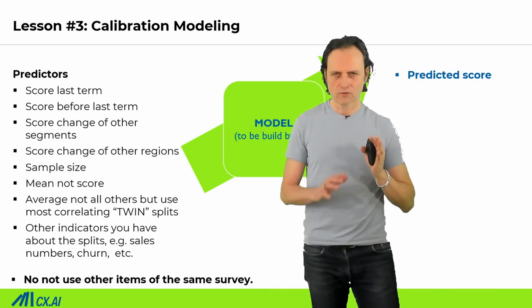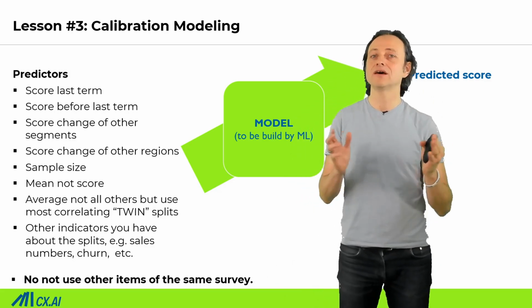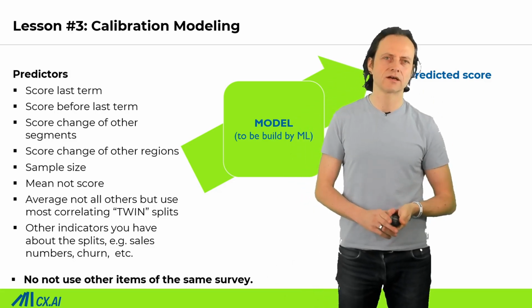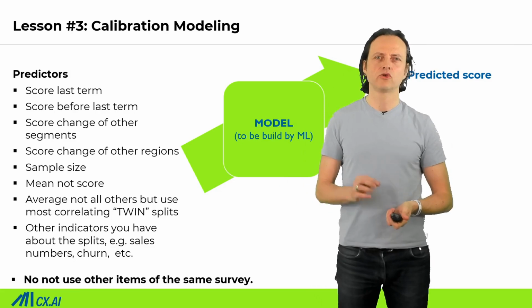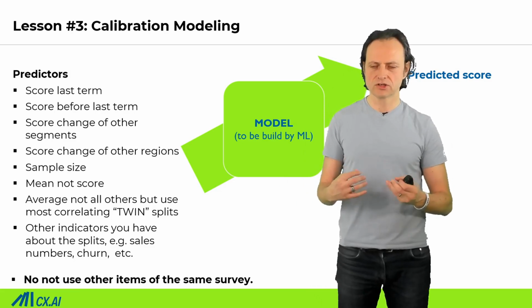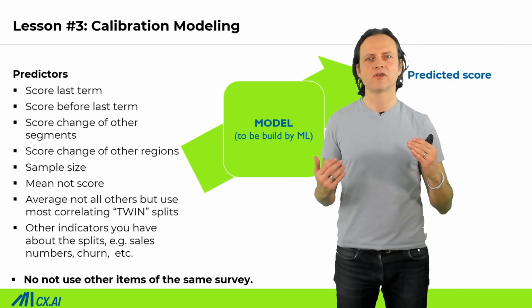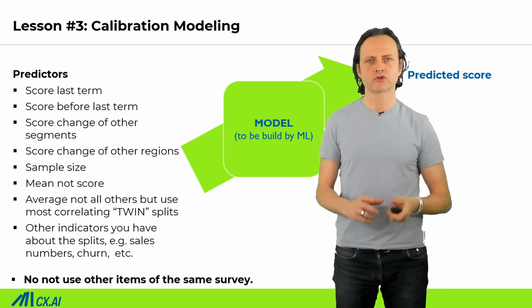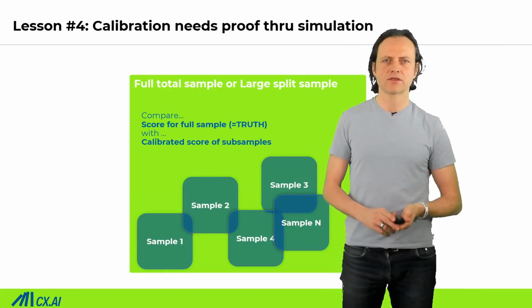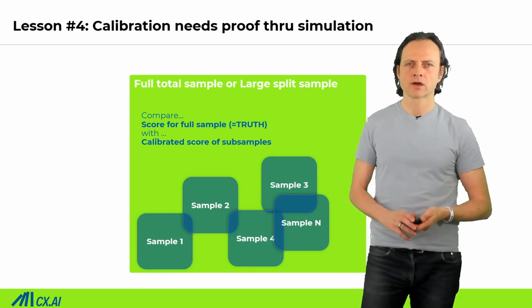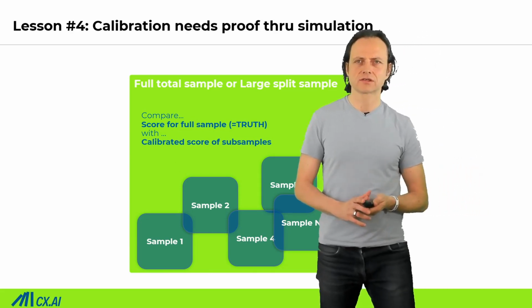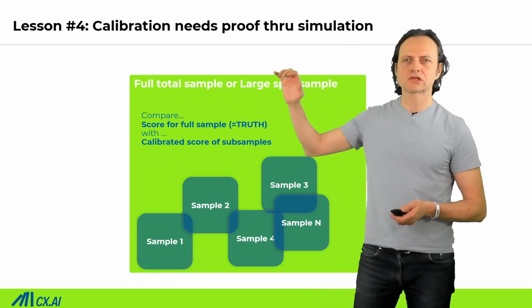So for this calibration modeling, as well as the simpler tools I just talked about, you need simulation. You need an exercise to find out if they get you closer to the truth. That's the method you need to apply. Basically, you take a split which is large enough.